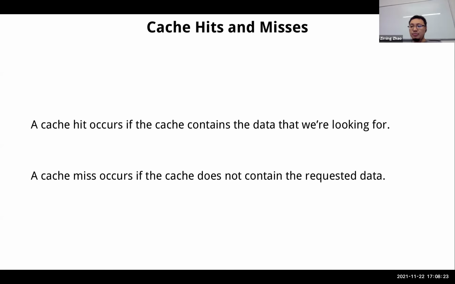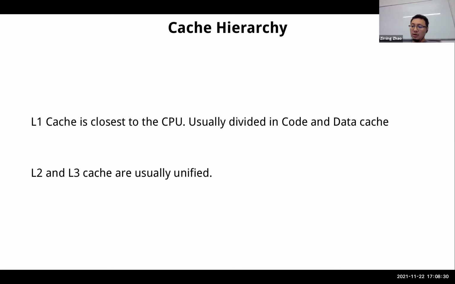If you have a cache miss, then it's kind of bad because the CPU has to wait longer for the data. The cache hierarchies, like I said, usually the CPU we are using right now has 3 or 4 layers.